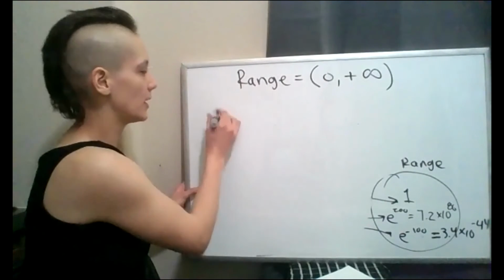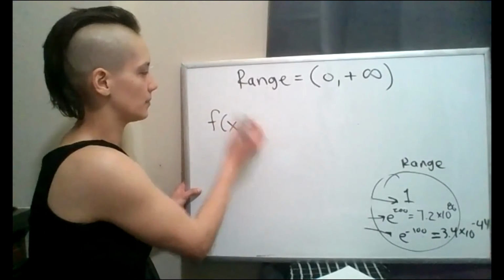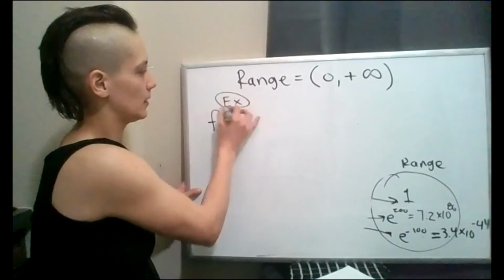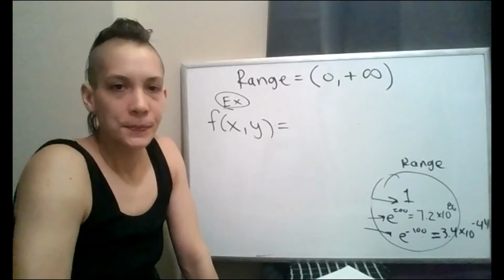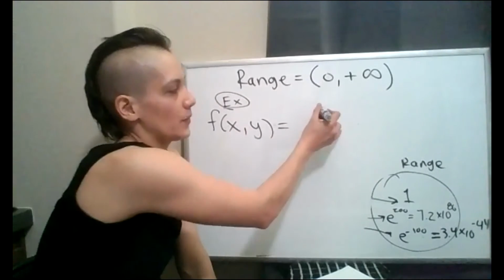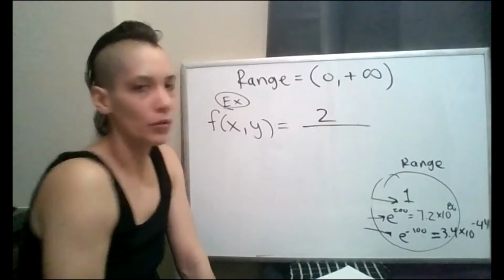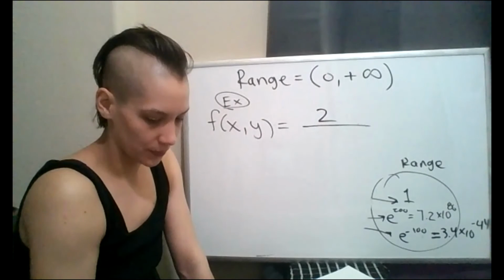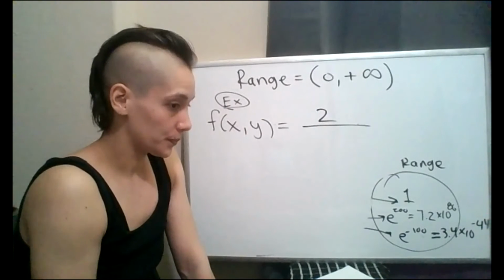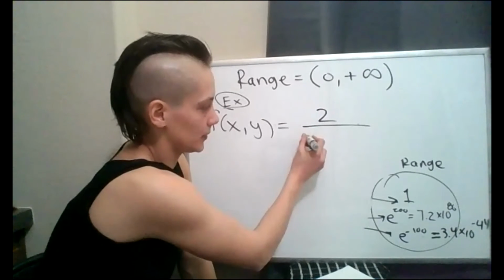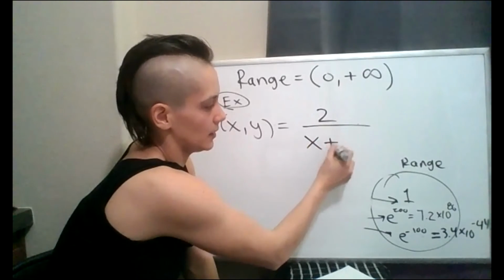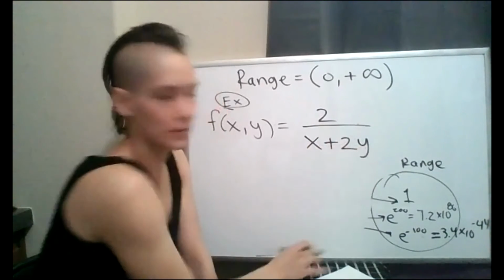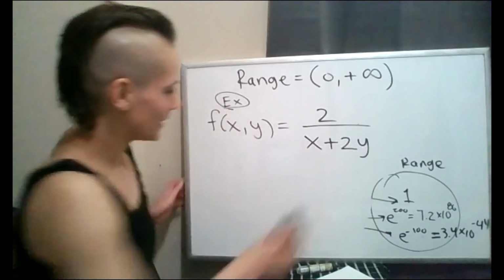Let's do something like f of x, y is, I want to put like 2 over x plus 2y. There we go. Okay.